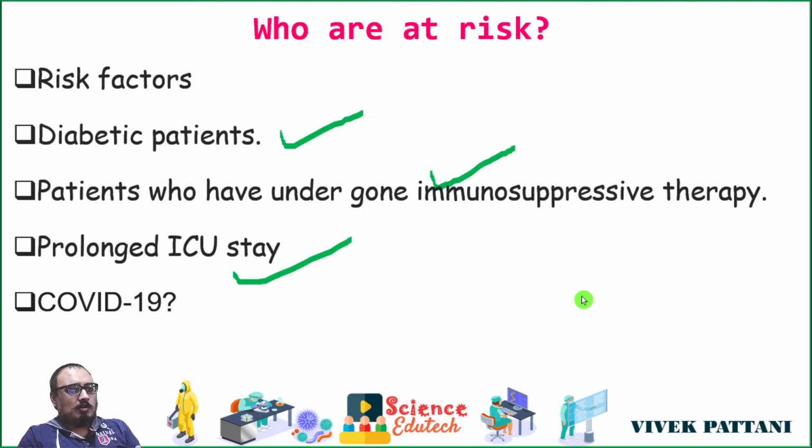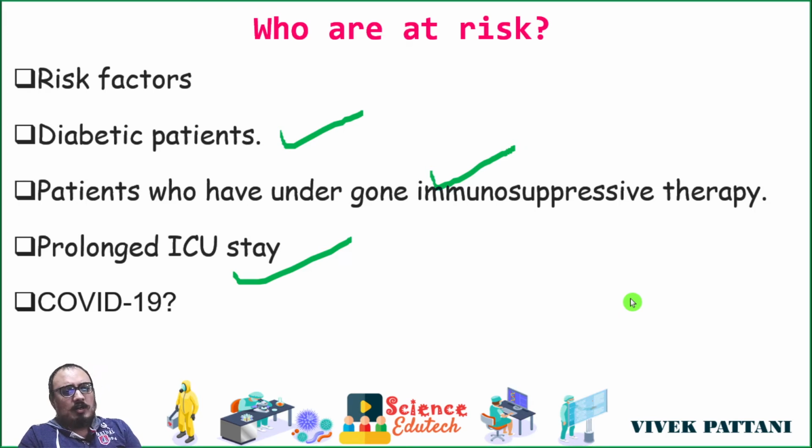Corticosteroids are immunosuppressants and also increase blood sugar levels in both diabetic and non-diabetic patients. So it is thought that both these effects may contribute to the cases of mucormycosis.